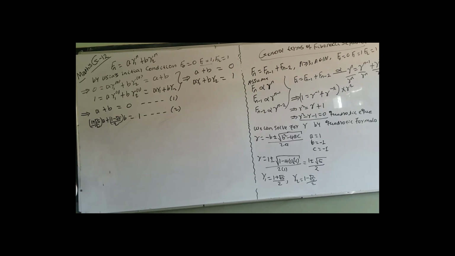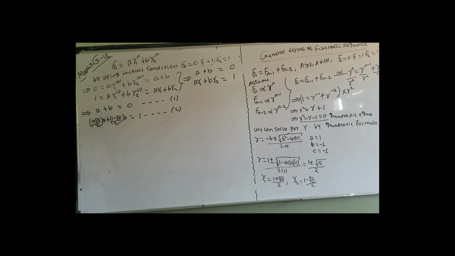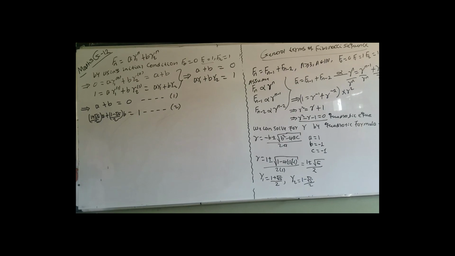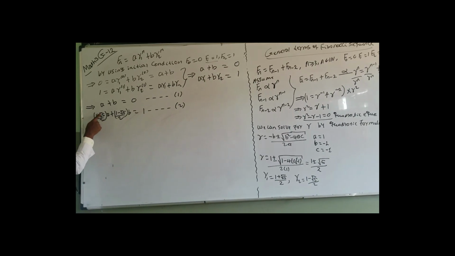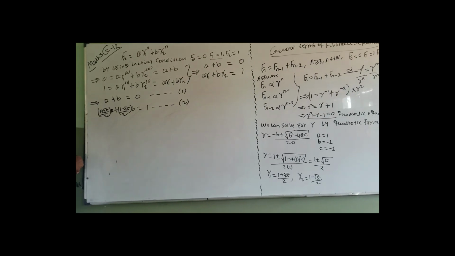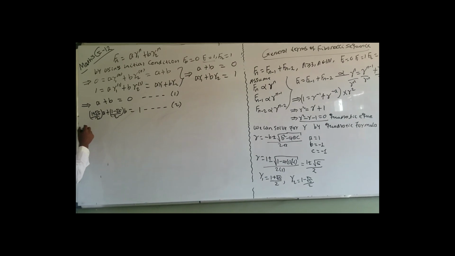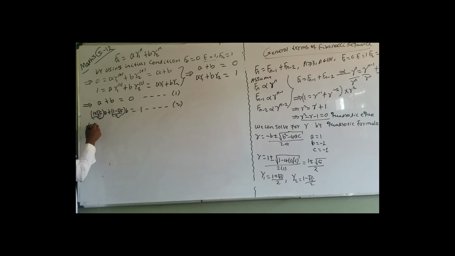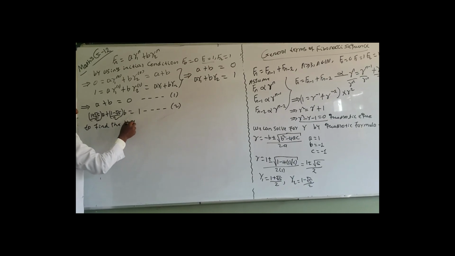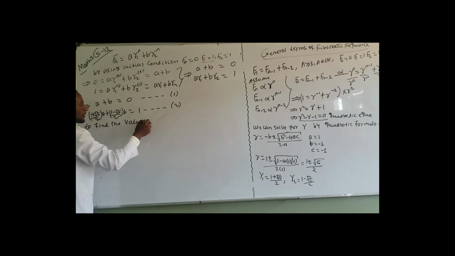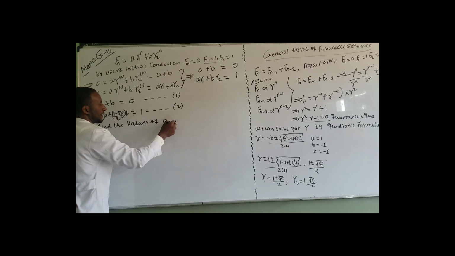Let us multiply the first equation by negative of 1 plus root of 5 over 2, to find the values of a and b.